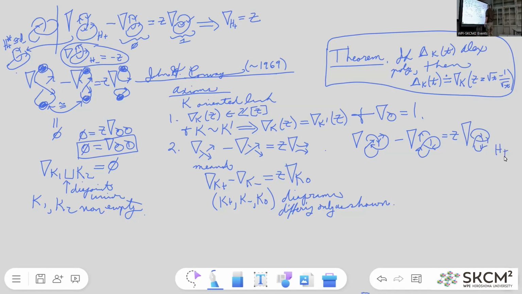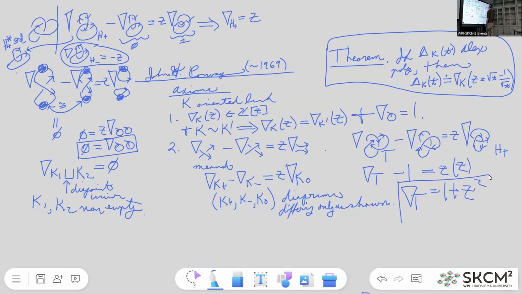Okay, so that says that nabla trefoil minus 1 is equal to Z times Z, that being the value of the positive Hopf link. And so we know that the trefoil knot in Conway's axiomatics is 1 plus Z squared.